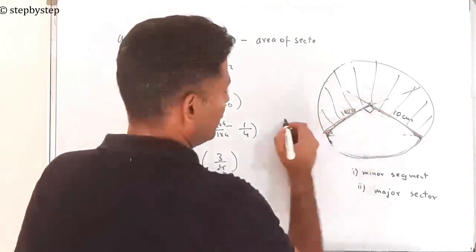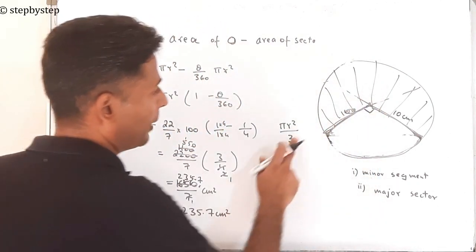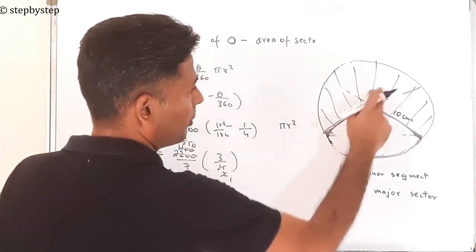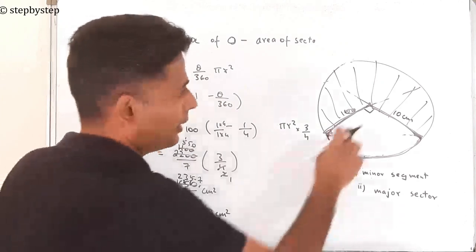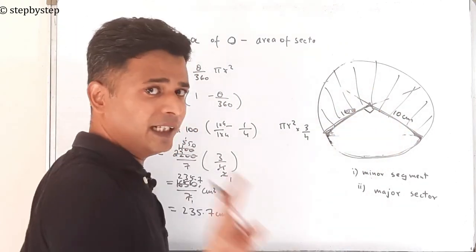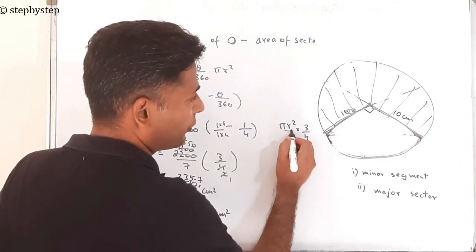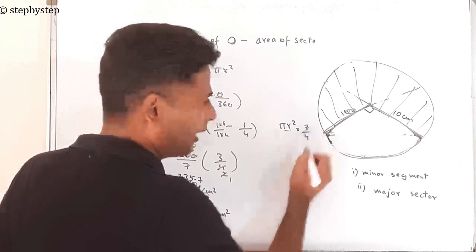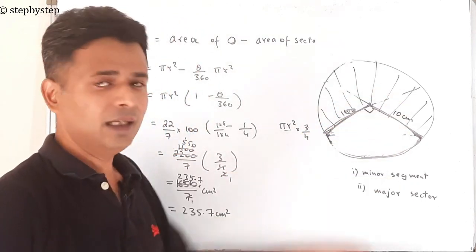So you could have directly done pi r square into 3 by 4, because it's divided into 4 parts, it has 4 quadrants and we need to find the area of 3 quadrants. So area of circle pi r square into 3 by 4, also we would have got the area of the major sector.